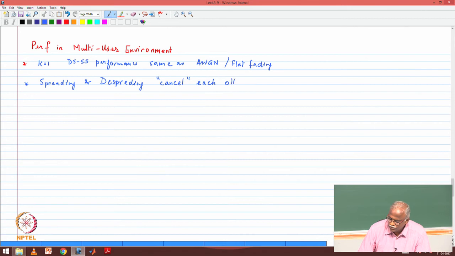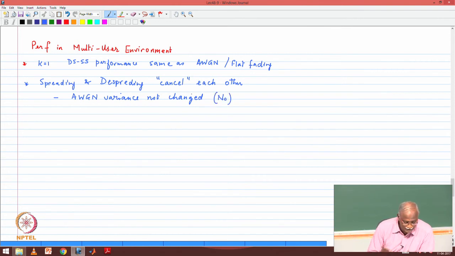Okay. So, the AWGN variance is not affected, not changed. If it was N naught in the narrowband system, it is going to be N naught in the CDMA system as well. Okay.